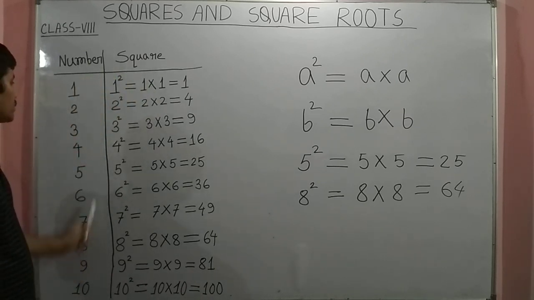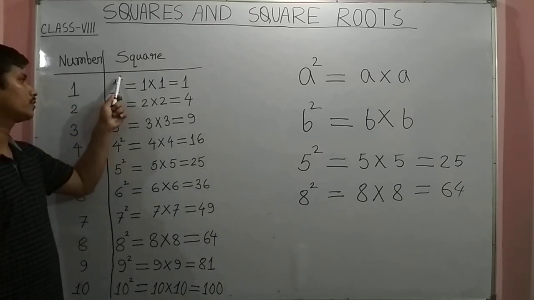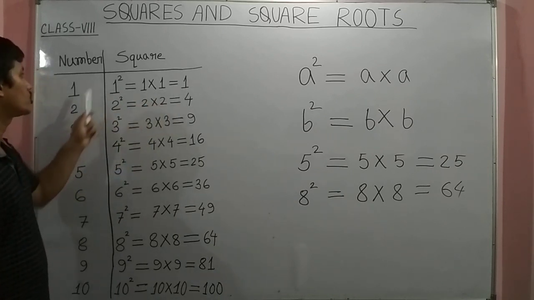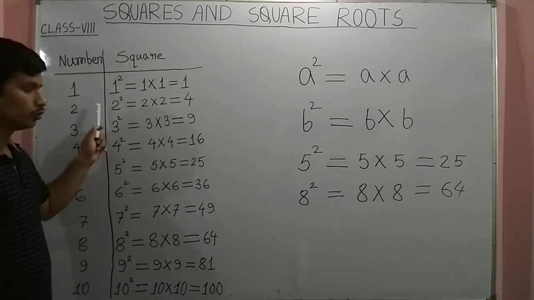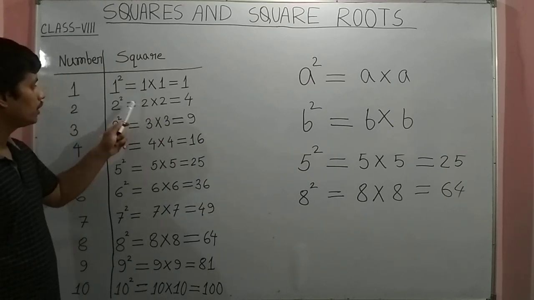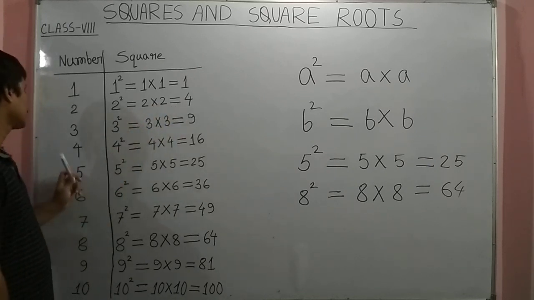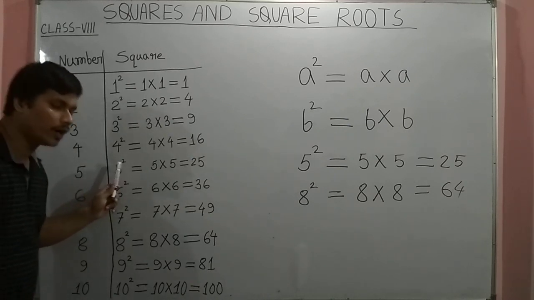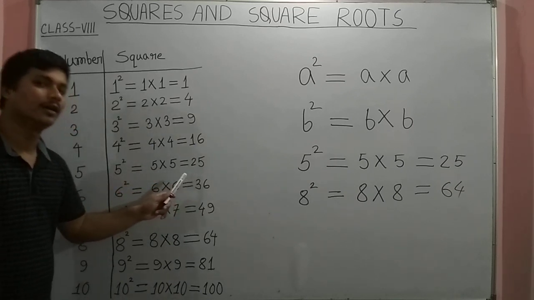Okay students, here you see we have some natural numbers from 1 to 10 and these are the squares of these numbers. The square of 1, we can write 1 square, 1 into 1, that is 1. Square of 2, 2 into 2, that is 4. Same way, the square of 5 is 5 into 5, that is 25.